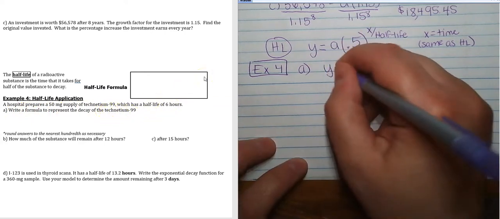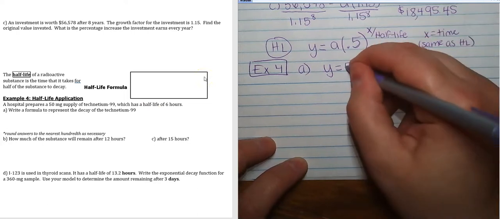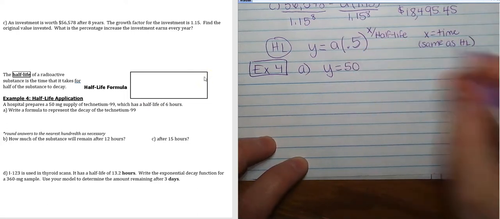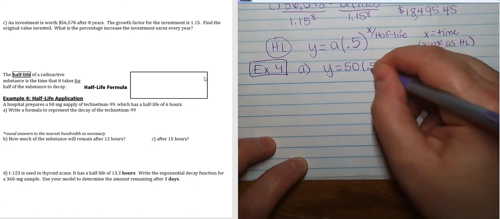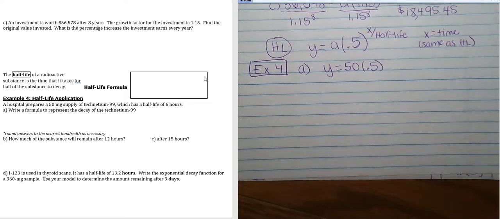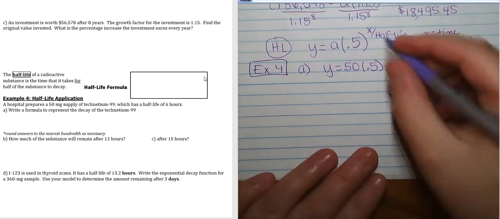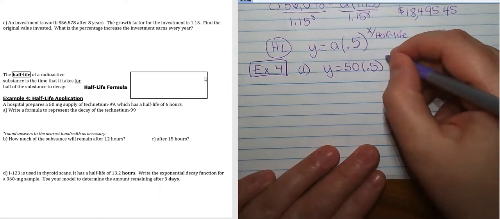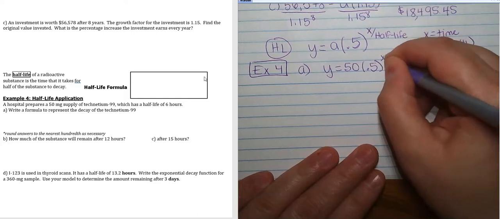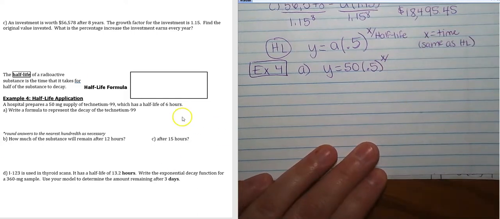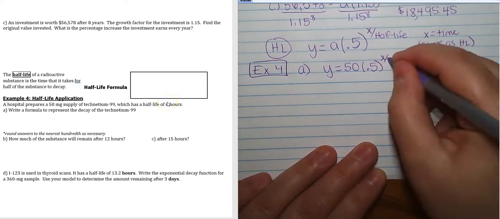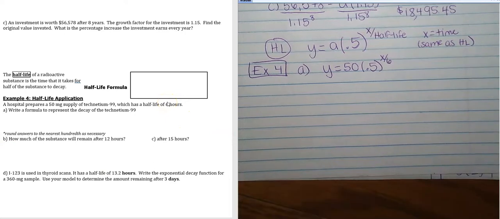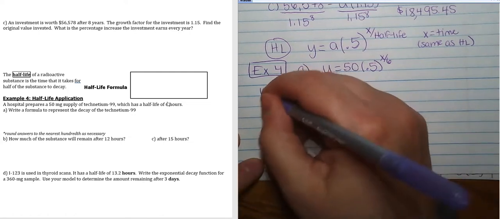So this is just going to be y equals, we have a 50 milligram sample, so that goes in for A. 0.5 is always for a half-life problem because we're doing half the substance's time to decay. And then it's x over the half-life. Back in the problem here it says the half-life is 6 hours. So I have to make sure when I do the problem that my x value is in hours, which is not going to be an issue here.